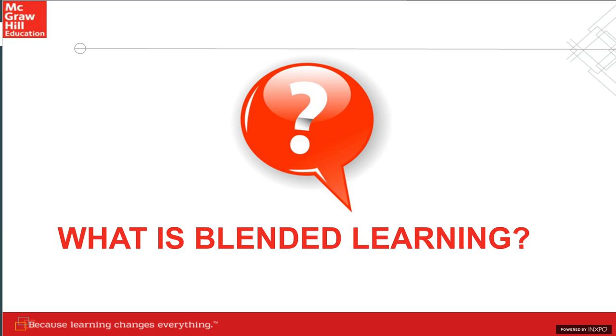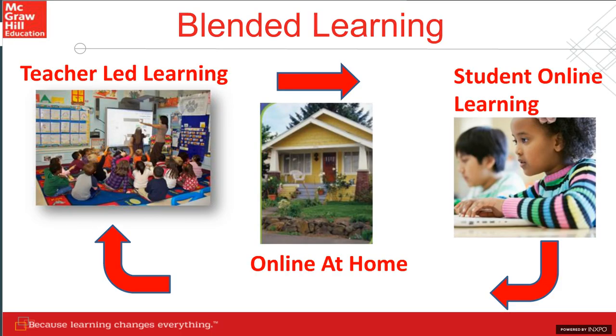The student portion of this is some element of control for the students. They control the time they use the technology, the place they use the technology, and the pace of technology. So basically there are three ideas to think about. Number one, the teacher-led learning.